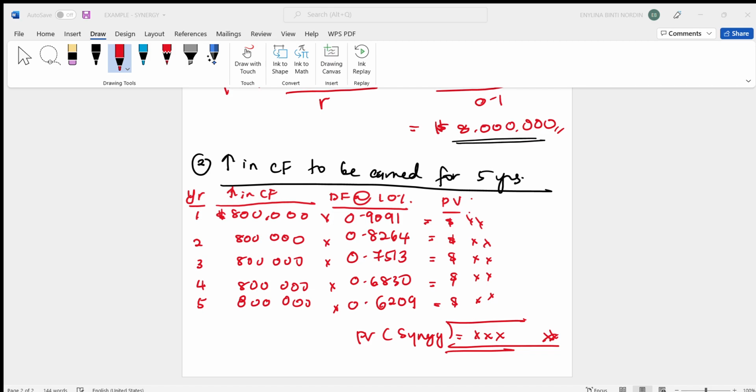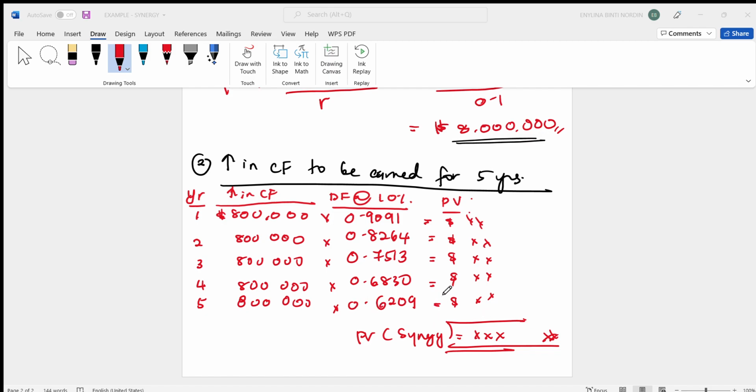So you can read from the annuity table. Let's go to the annuity table and see what the value is. Let me show it to you. Where is the annuity? Hold on. I think this one.